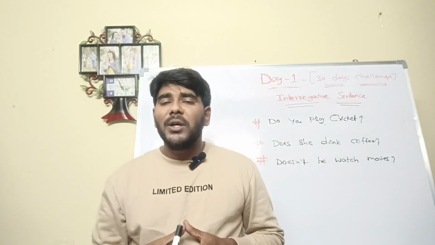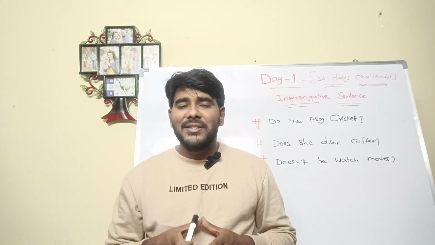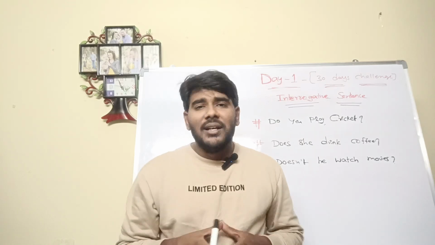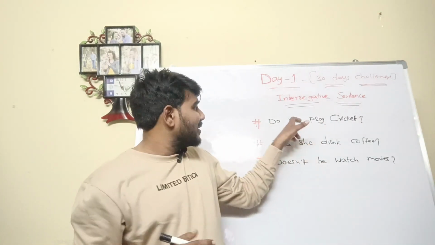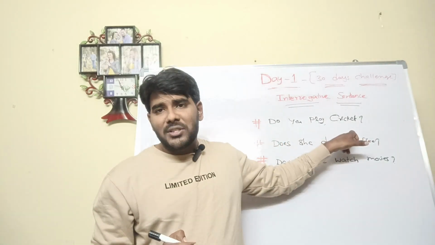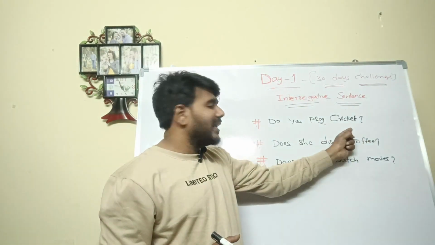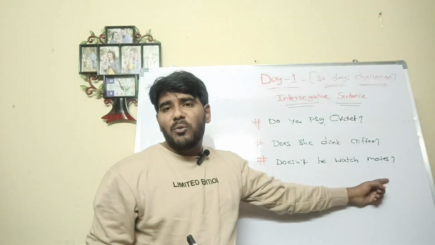Now let's move on to another important part of this lesson, that is framing interrogative sentences. It's very simple to frame interrogative sentences here. Place do or does at the beginning of the sentence, then put the subject next to it, then frame the question. If you see the list of examples here: Do you play cricket? Does she drink coffee? Doesn't he watch movies?